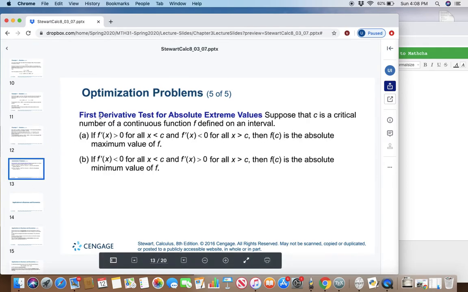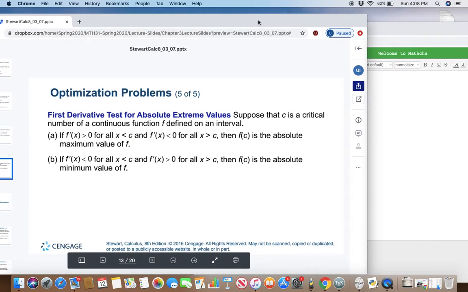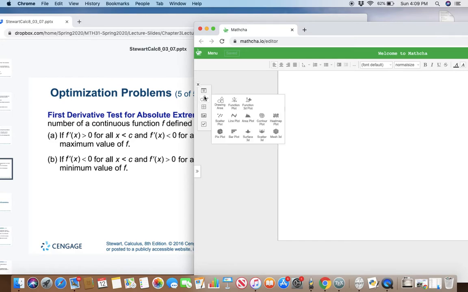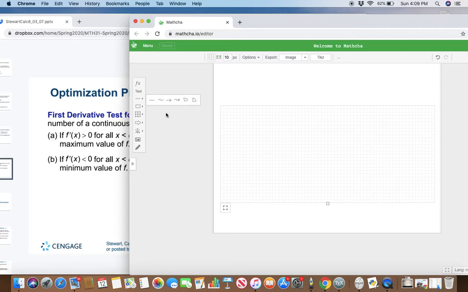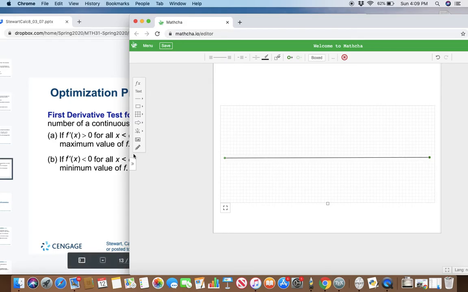Okay, so let's remind ourselves. First derivative test for absolute extreme values. Find the critical number. If the derivative is greater than 0 to the left of c and the derivative is less than 0 to the right of c, then f(c) is the absolute maximum. Let's draw a picture. Say this is your number line.